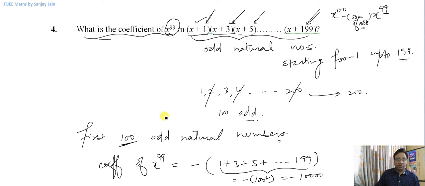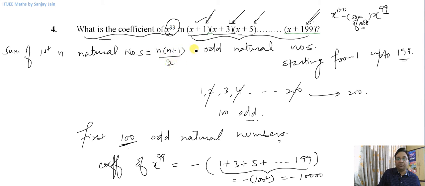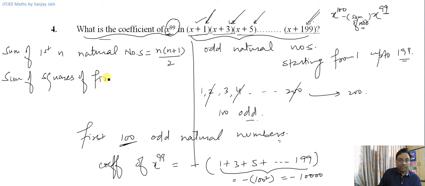Okay, so what all information I have used from the arithmetic progression chapter, let me write it for you. Sum of first n natural numbers is equal to n(n + 1)/2. Second thing that I used in this exercise is the sum of squares of first n natural numbers is equal to n(n + 1)(2n + 1)/6.